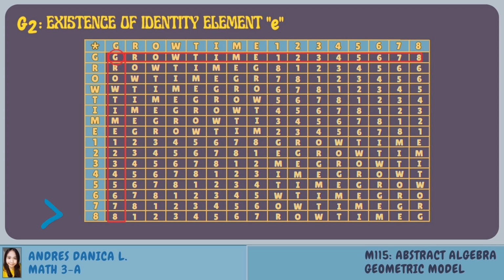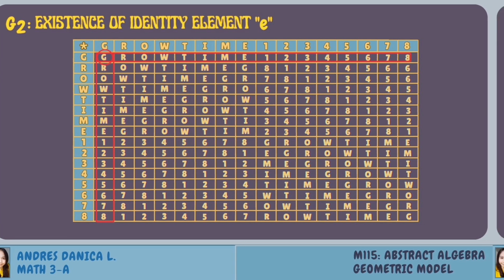Then we have this column. Then the intersection of the column and row is the identity element. So in this, we have the intersection, which is the identity element, which is G. Therefore, the identity element E is G.